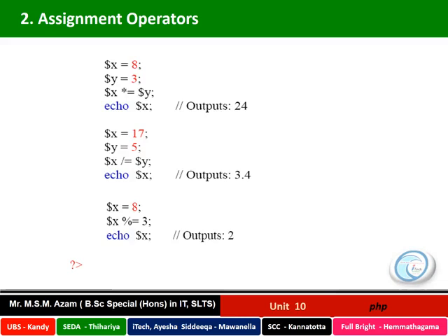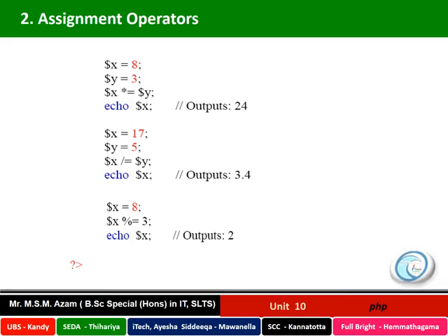Next, I have declared the variable x, that is equal 8, then y equal 3. After that I say x asterisk equal y. That means new x value equal to the previous x value multiplied by y. That means new x value equal previous x value 8 into y value 3, that's equal 24. So when I type echo $x, output should be 24.